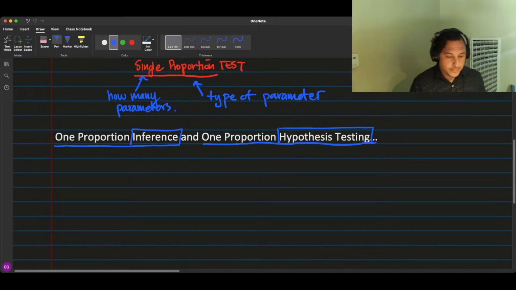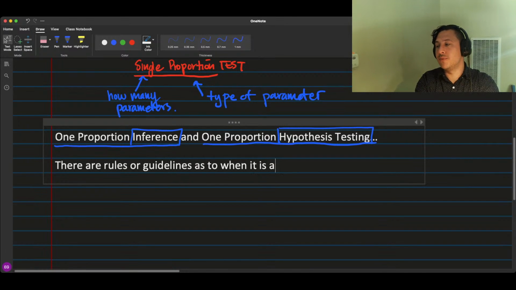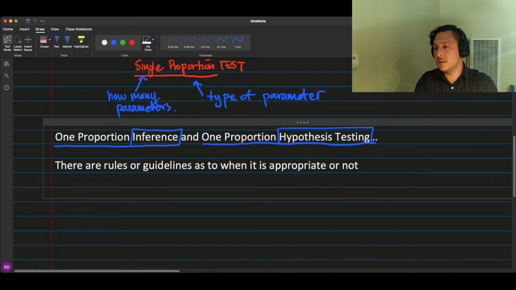Okay. So there are some nitty-gritty details about when it is that you can actually do the test. There are rules or guidelines as to when it is appropriate or not to do inference or a hypothesis test.